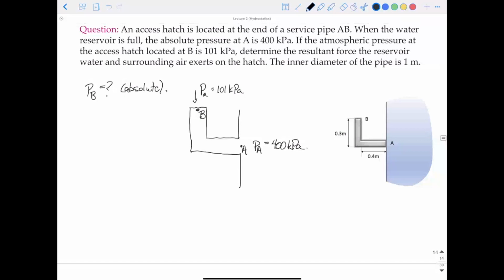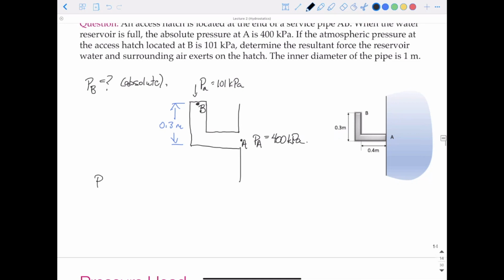So let's find the pressure at B if we know the pressure at A. And we know the dimensions in the Z direction, 0.3 meters. So let's write our equation. Pressure at A minus pressure at B is equal to negative gamma, specific weight of water, times ZA minus ZB.